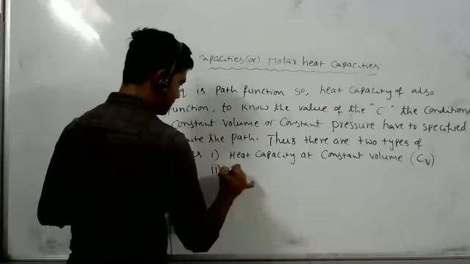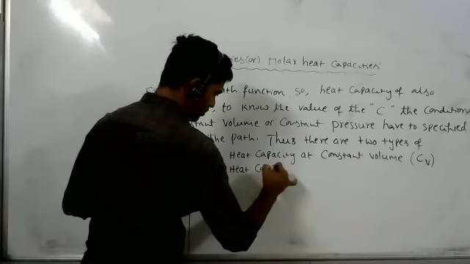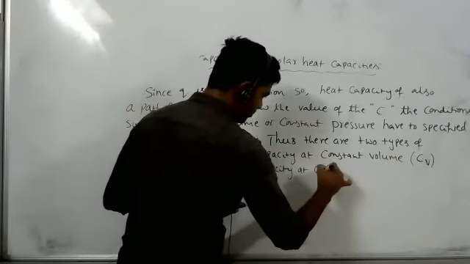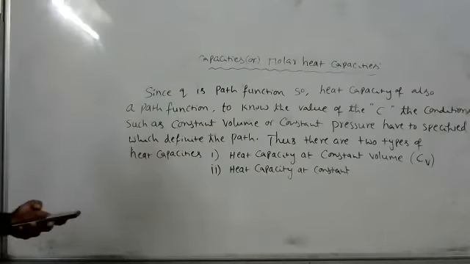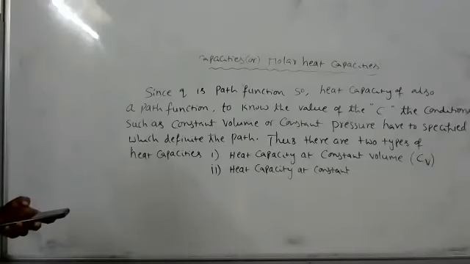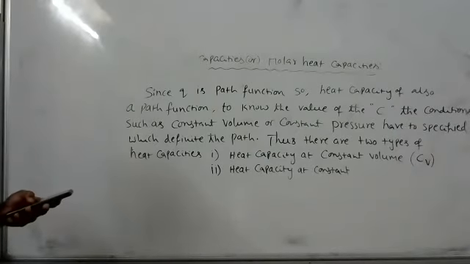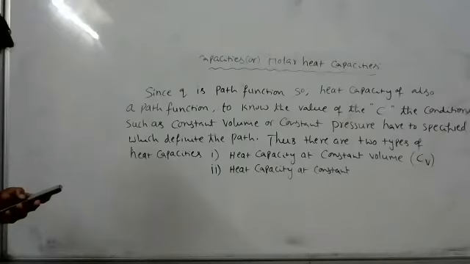Second one, heat capacity at constant pressure. Sir, I didn't understand the line you wrote after constant pressure. Constant volume or constant pressure have to be specified, which define the path. It continues, not a full stop.